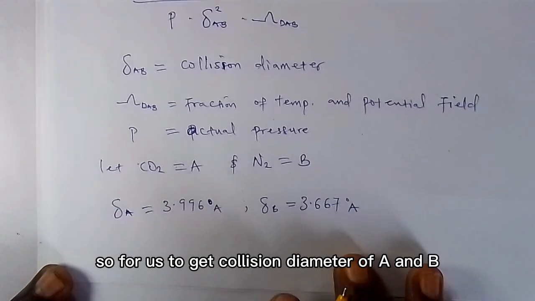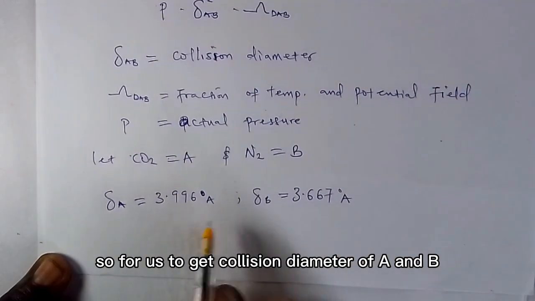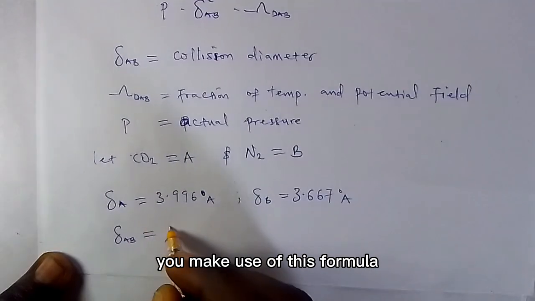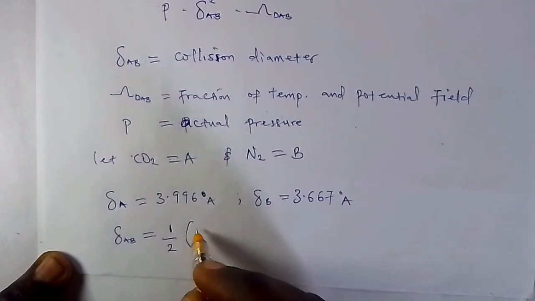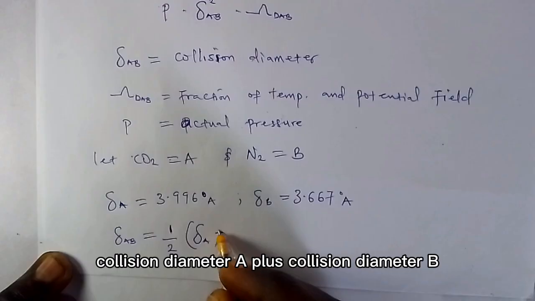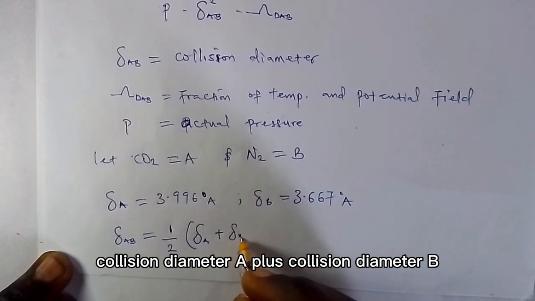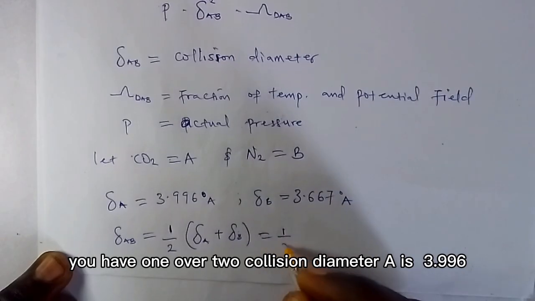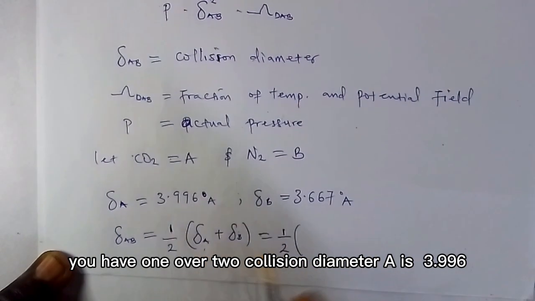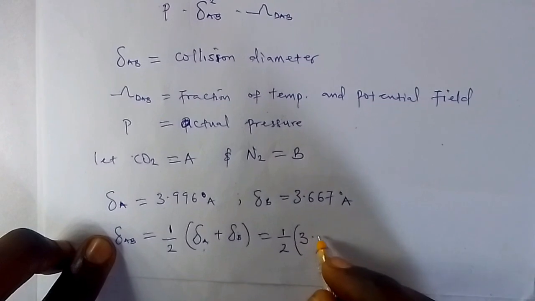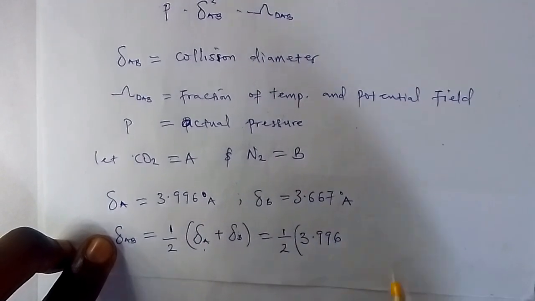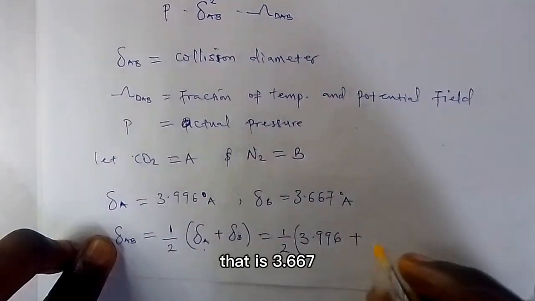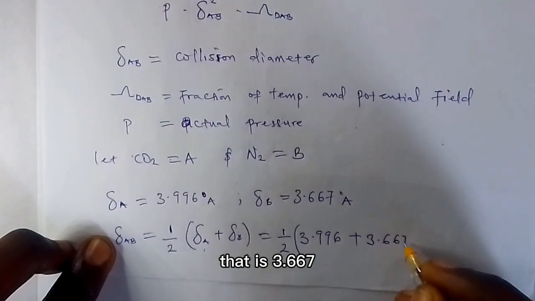So for us to get the collision diameter AB, you make use of this formula: 1 over 2 times collision diameter A plus collision diameter B. Substitute everything in: 1 over 2 times 3.996 plus 3.667.